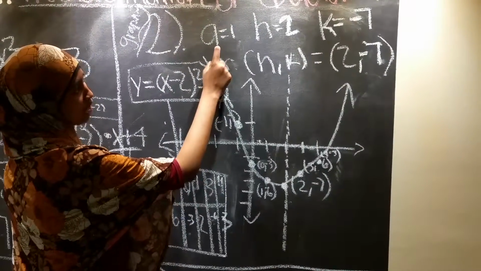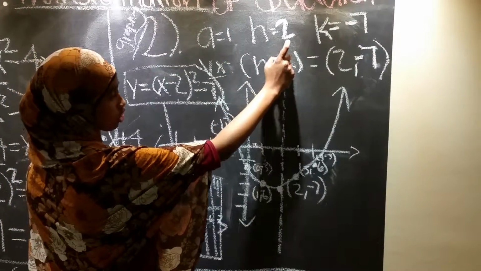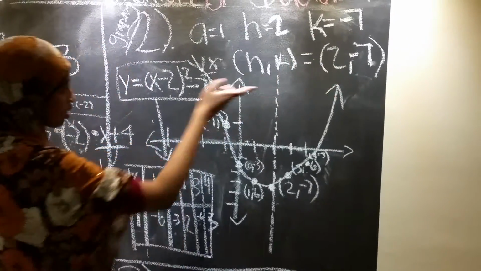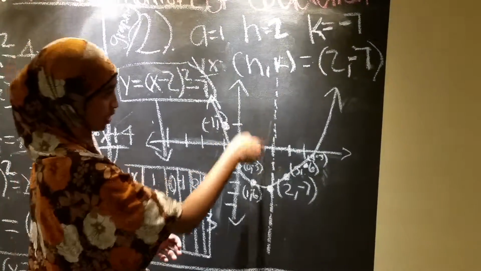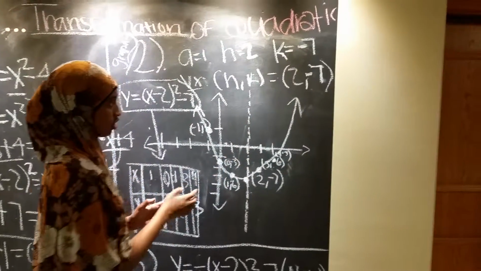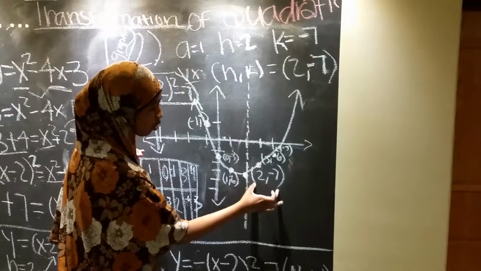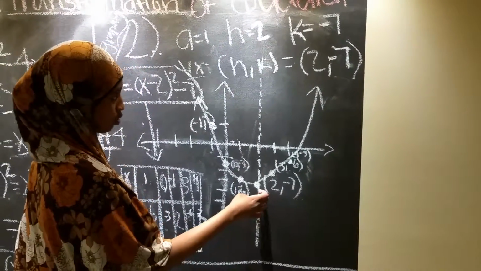So we have to use a equals negative, h equals 2, and k equals negative 7. In order to do that, we have to make a graph. And when we make a graph, you have to put in your old equation here.